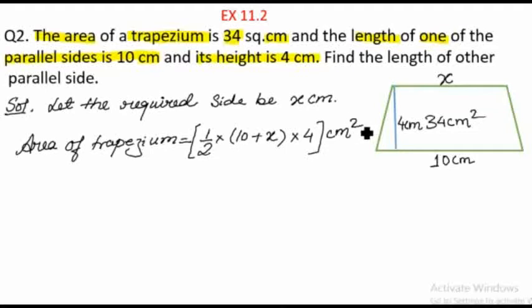Now the area of trapezium is already given in the question, 34 centimeter square.